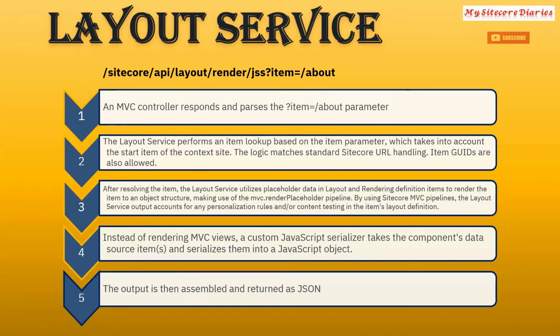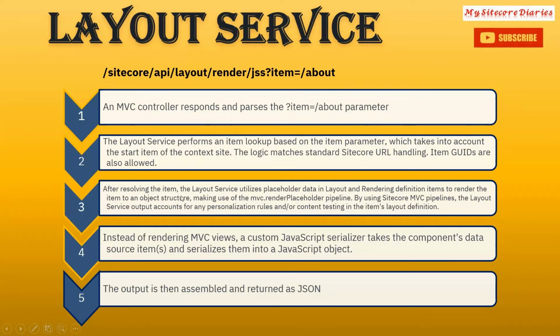It gets the item, looks it up, and finds the item details from the context, just like standard ASP.NET MVC Sitecore MVC. GUIDs are also allowed instead of the item path.